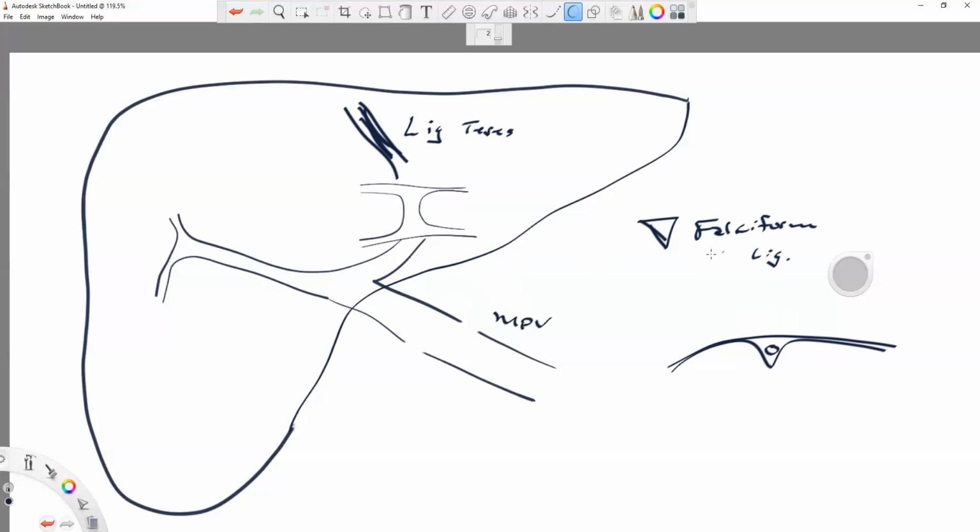So this falciform ligament is that, and the ligamentum teres, technically speaking, is the circle. But whatever we see inside the liver, we just call it all ligamentum teres.